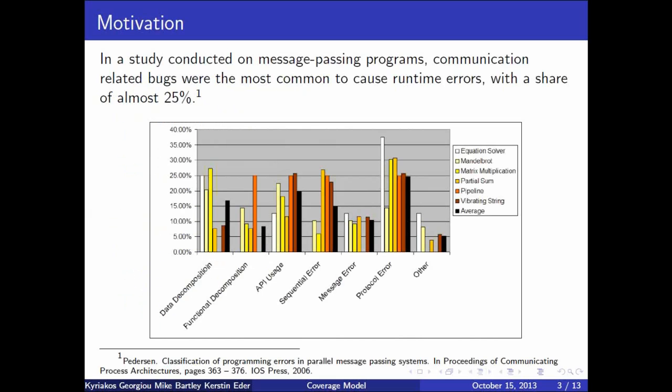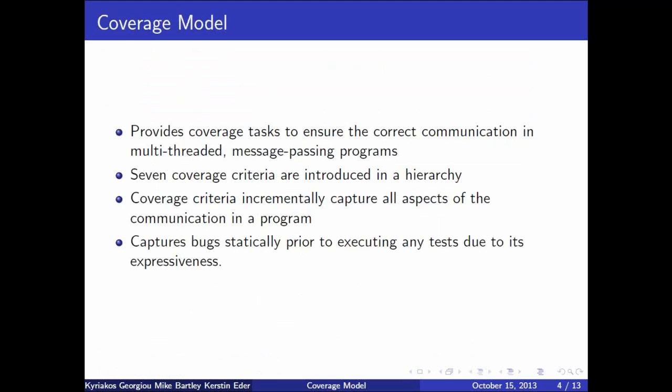In a study conducted by Peterson on message passing programs, communication-related bugs were the most common to cause runtime errors, with a share of 25%. And conventional coverage models are inherently weak at capturing those, at exercising concurrent scenarios. So we came up with a coverage model which provides coverage tasks to ensure correct communication in a message passing multi-threaded program.